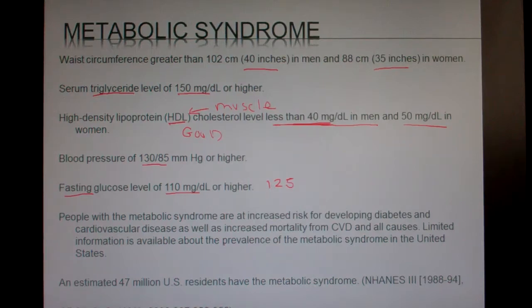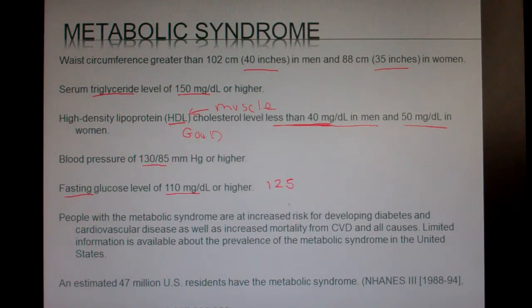All right. So, of course, people with this disease have an increased risk of developing diabetes, having heart problems, increasing risk of dying from all causes, including heart problems, cardiovascular disease.